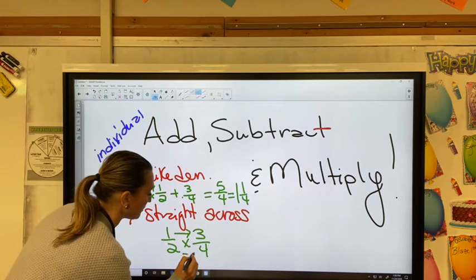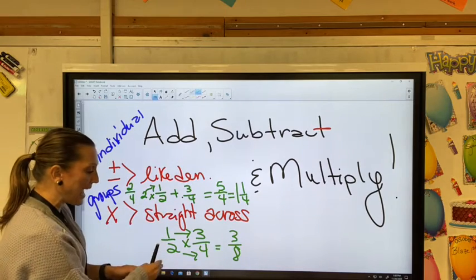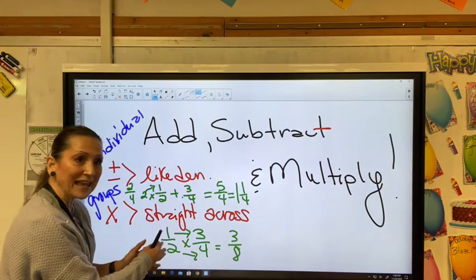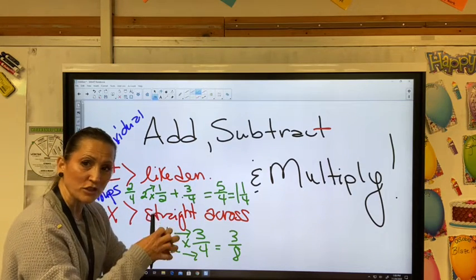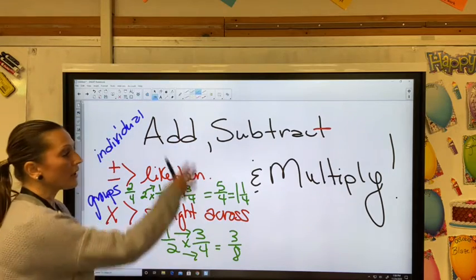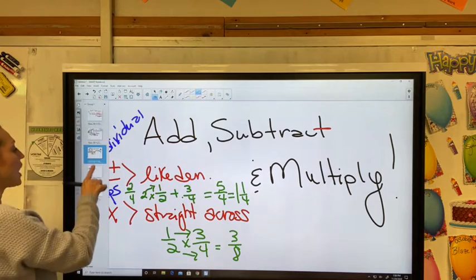Instead, I can just multiply straight across, and it's going to give me 3/8. So 1/2 times 3/4 is 3/8, because I'm going to take the halves and make them into smaller parts. I'm going to group those pieces together. So those are things you have to keep with you as common knowledge before we go on to division.